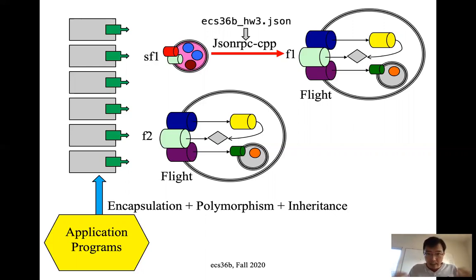On the other hand, in certain applications, I might be able to create multiple proxies. Saeed, on your mobile phone, you actually create an SF1, which is pointing to F1. And on my cell phone, I also have SF1 pointing to exactly the same object. What does that mean? It means the application program can go through either your smartphone or my smartphone, and we can interact with the same object.